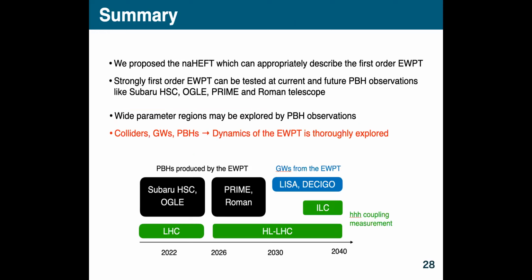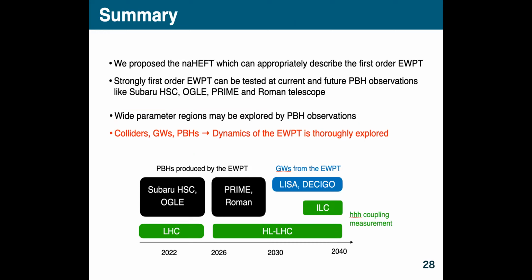Okay, so let's summarize. In this talk, we have proposed a nearly aligned EFT, which can appropriately describe the first order electroweak phase transition. And we discussed that the strongly first order electroweak phase transition can be explored by the current and the future PBH observation, especially the microlensing observation, like the Subaru HSC, OGLE, and Roman.